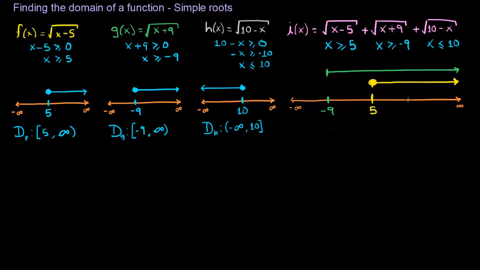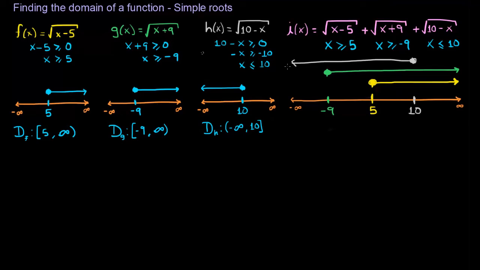We draw from 10, and as x is lesser or equal than 10, we go to the other side, to negative infinite. And again, we have to include this 10. Oh, I forgot that we have to include the negative 9 here as well.